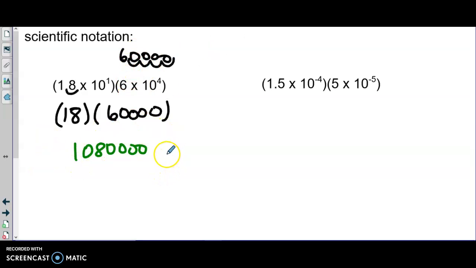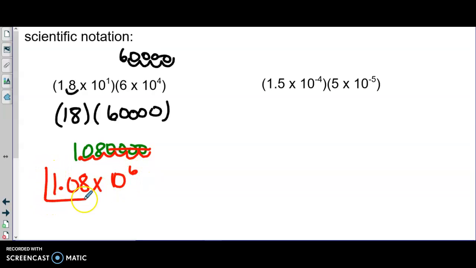So then you can go back and convert it to scientific notation. Now remember, in scientific notation, the decimal has to be after the first number that is not 0. And then you count how many times you move to get it there. So 1, 2, 3, 4, 5, 6. And then you can cut off all the extra zeros. So I would write 1.08 times 10 to the 6th power. That would be my final answer here.